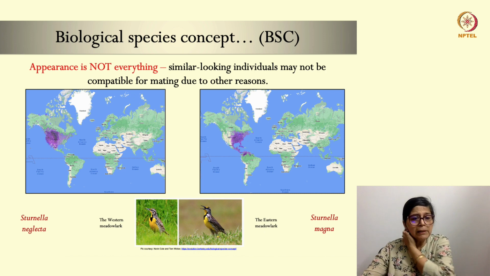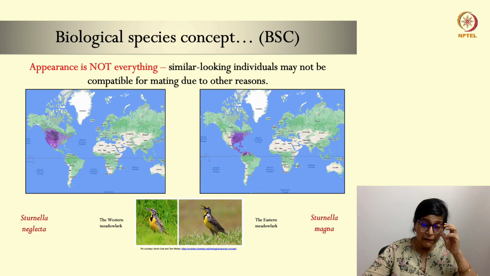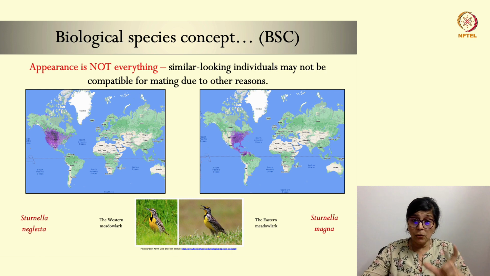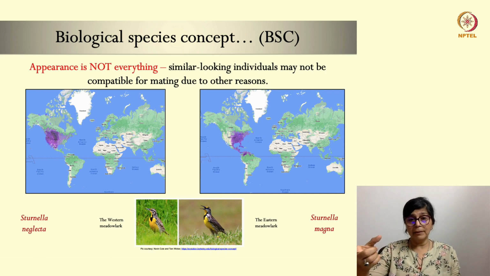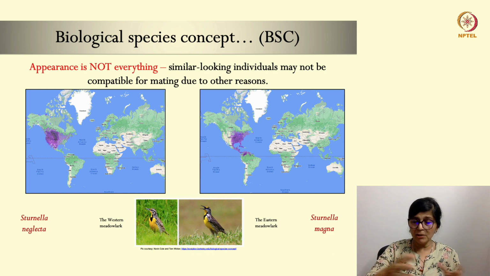When scientists examined this, they found that even though these two species look very similar, they have a very different call. In birds, you might have done some bird watching and seen that calls are very significant for these creatures, right? They identify each other and communicate with each other with these calls.